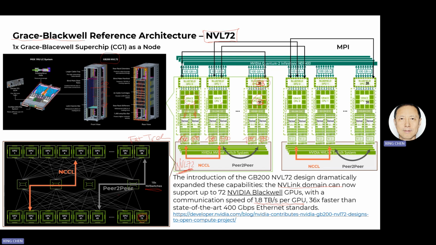This NVLink domain is going to pose some technical challenges to Nvidia and the industry in realizing NCCL communication and peer-to-peer memory access. These are the two topics we are going to continue. Okay, so we stop here for now. We have understood these MNNVL NVLink domains.